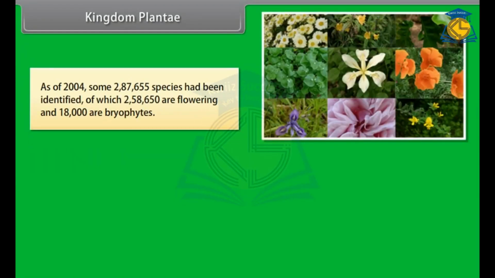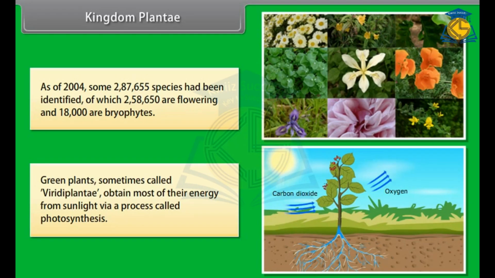As of 2004, some 287,655 species had been identified, of which 258,650 are flowering plants and 18,000 are bryophytes. Green plants, sometimes called Viridiplantae, obtain most of their energy from sunlight via a process called photosynthesis.